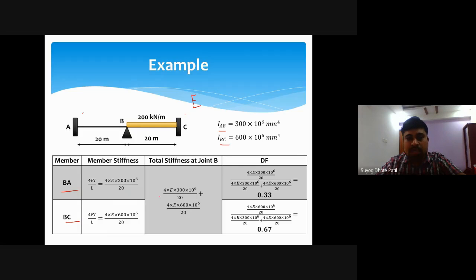The total stiffness at joint B is the addition of these two parameters. The distribution factor is KBA divided by K, which is 0.33, and KBC upon K is 0.67. So these are the distribution factors.